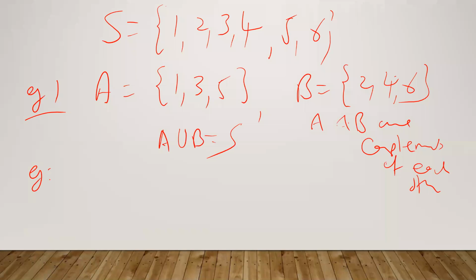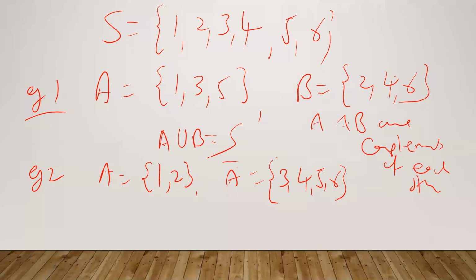Okay, so that is complementary events example number 1. Let us take another example. Suppose I take A as 1 and 2. What will be its complement? जो A में नहीं है. A में क्या नहीं है? 3, 4, 5 and 6. This is A, 1 and 2, and A complement means outside A. 1, 2, 3, 4, 5, 6.